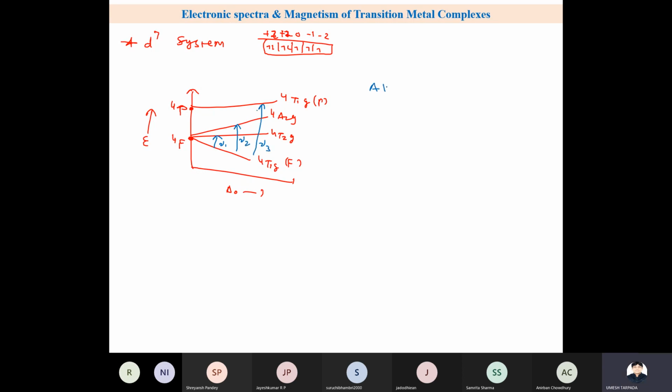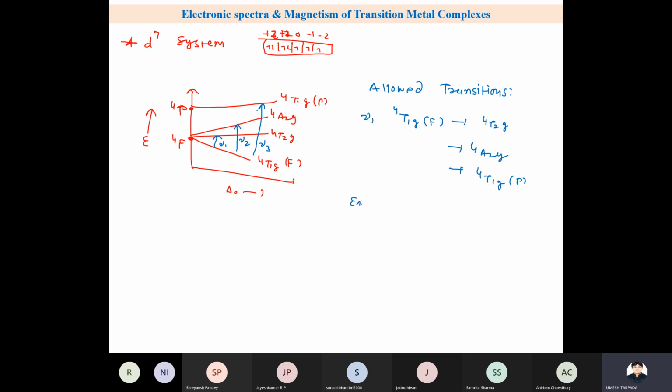So the allowed transitions are: first one is nu1, from the T1G ground term to quartet T2G. Second one is from T1G to quartet A2G. Third one is from quartet T1G F to T1G P. So these are the 3 transitions.